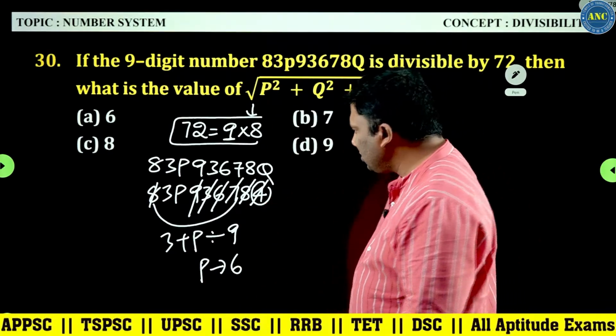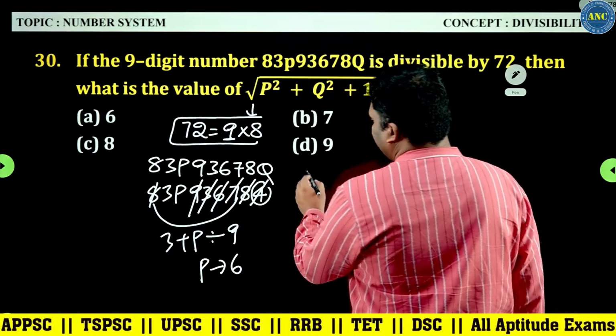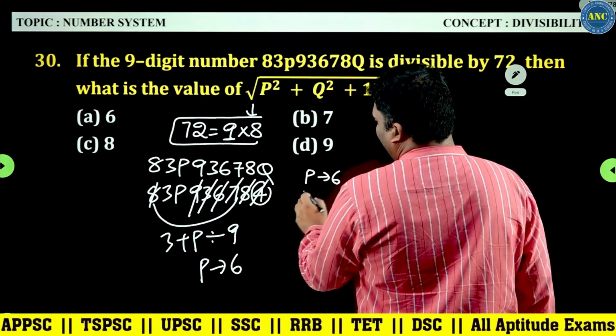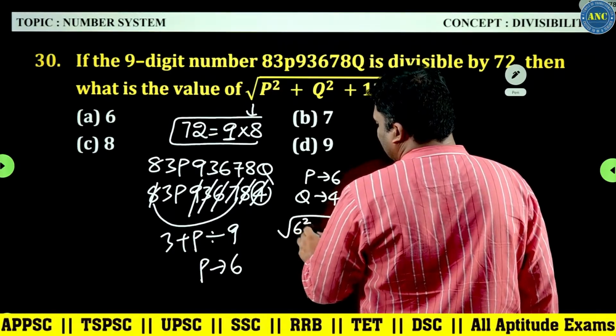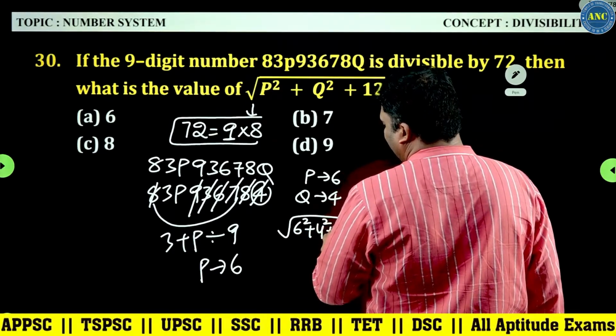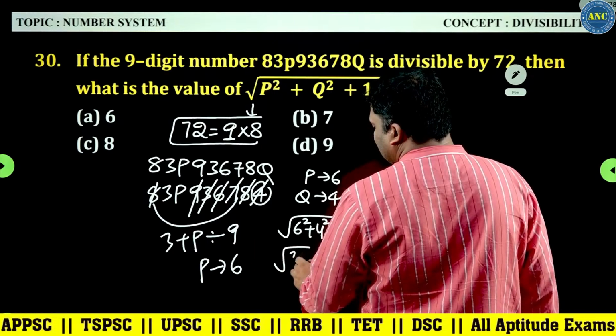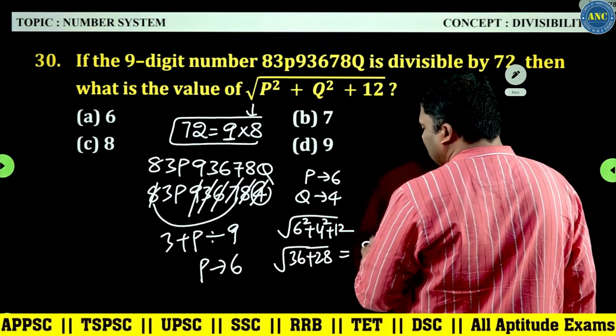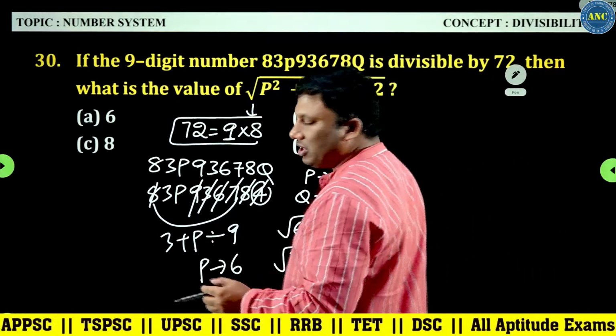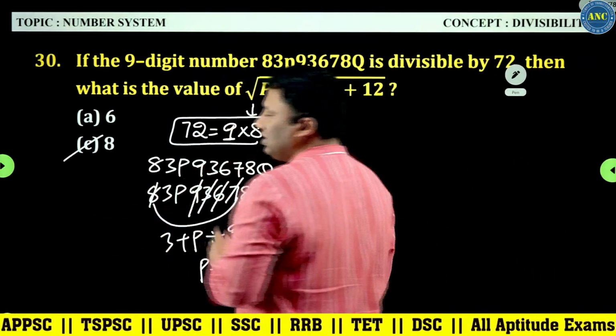The P value is 6. Q value is 4. So this will be the root of 6 squared plus 4 squared plus 12. 36 plus 28, root of 64, which is 8. The answer for this question is option C, which is 8.